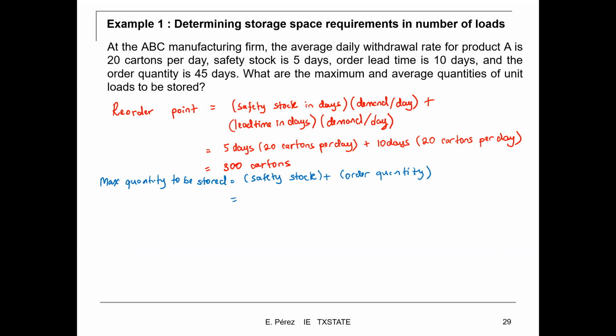The safety stock is equal to 100 cartons, plus the order quantity, which is 45 days times 20 cartons per day. So this is equal to 1,000 cartons.